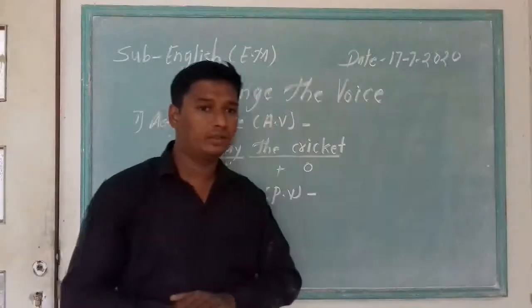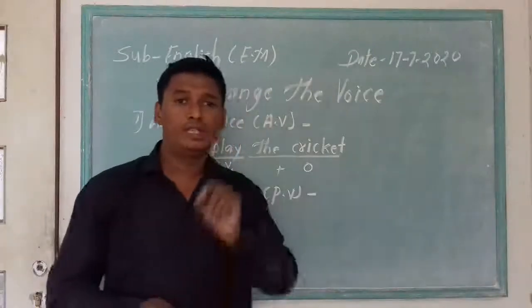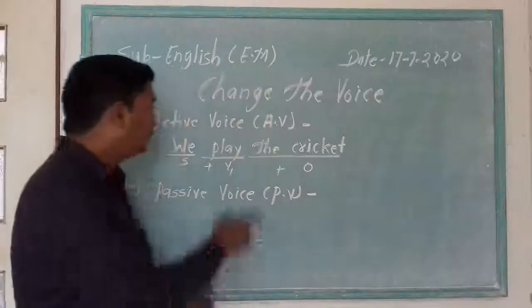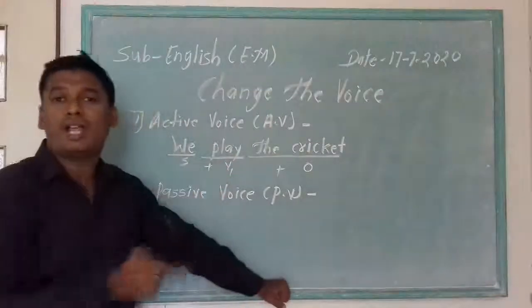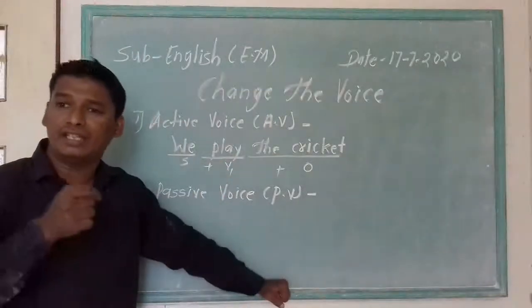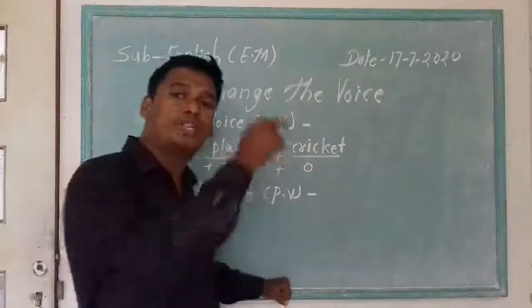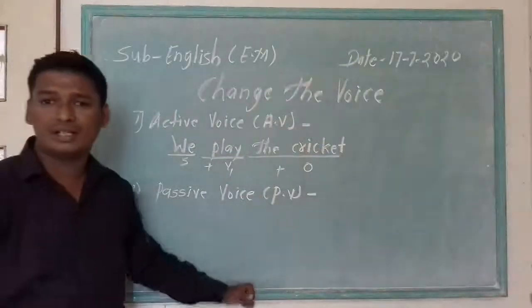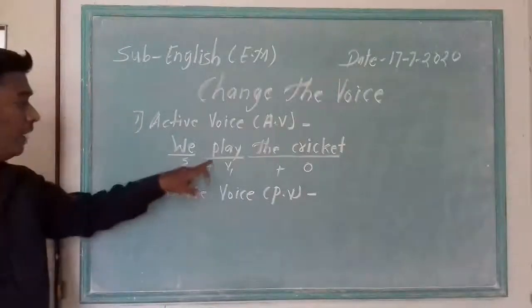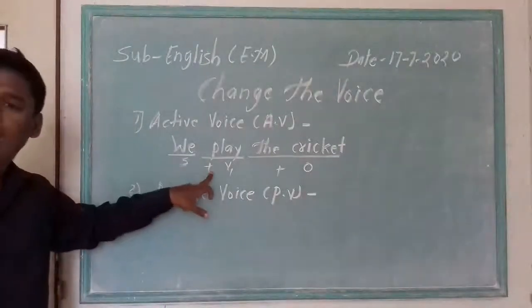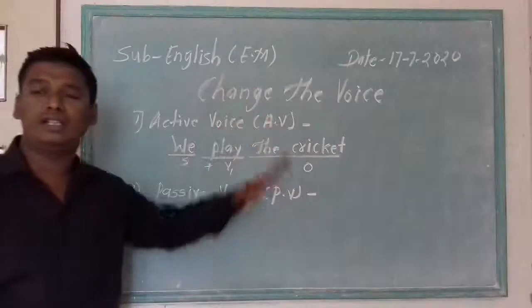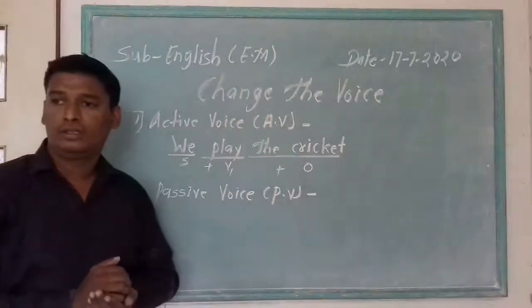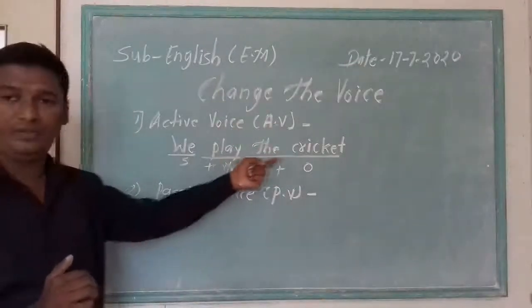Look, what is that clue? If we ask a question to main verb by what and whom, then the answer we get would be the object in the given AV sentence.